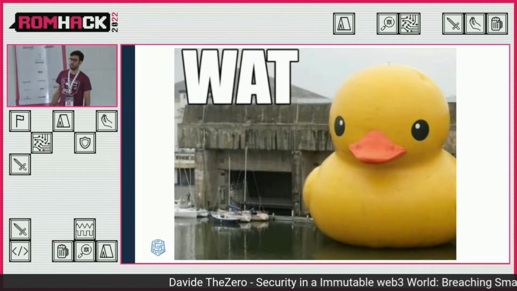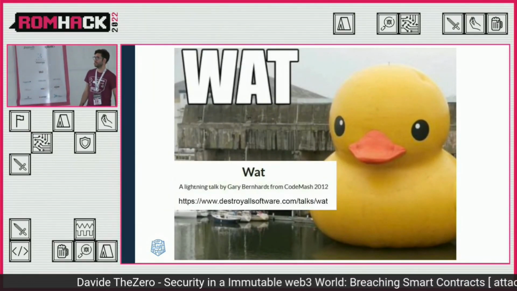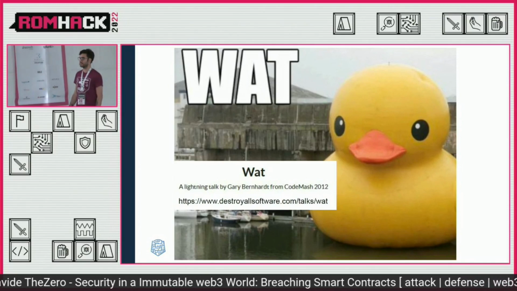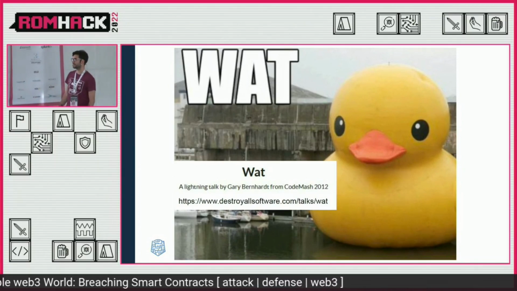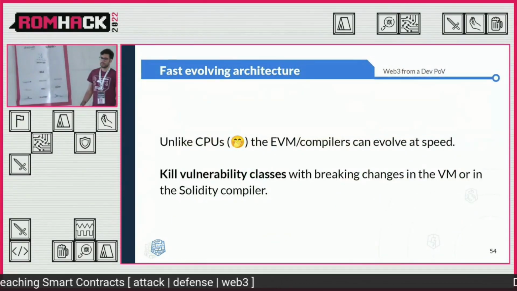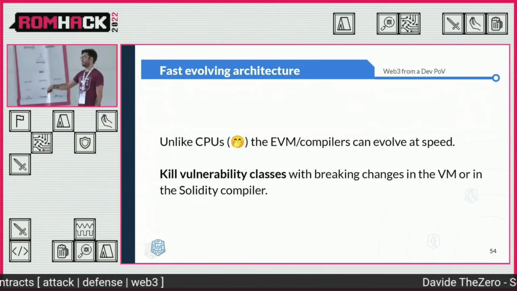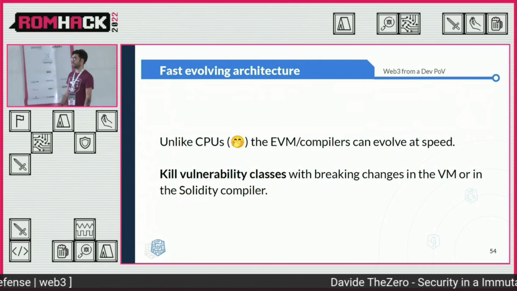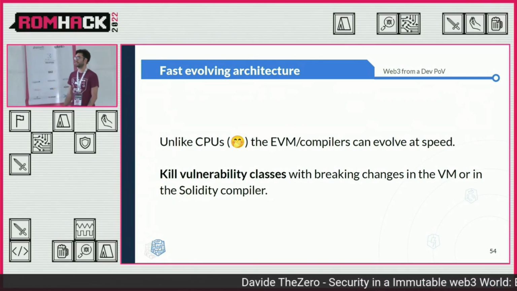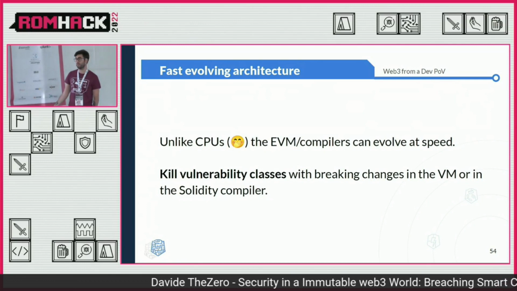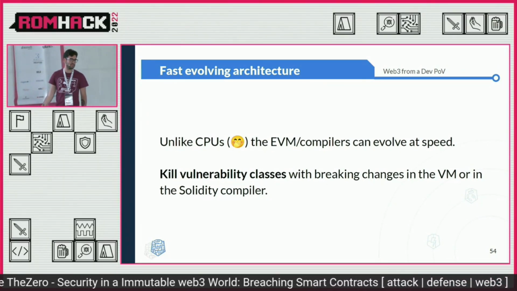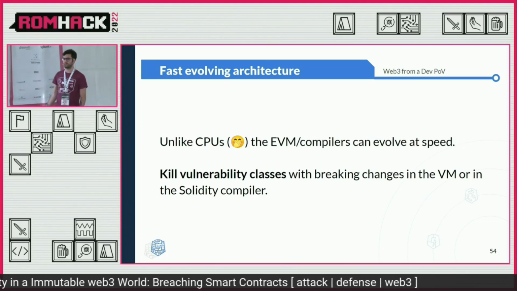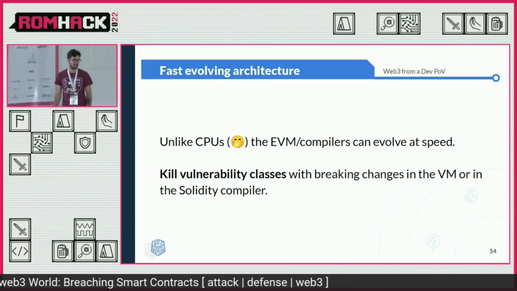And this is a big what, and it reminds me about Gary Bernhardt's talk that explains other funny stuff in programming languages and compilers. And yeah, Solidity is bad, but it's still in an early stage, and unlike CPUs, the EVM and the compiler can evolve at speed, and most of the time, we can kill vulnerability classes with breaking changes, either in the VM or in the compiler.